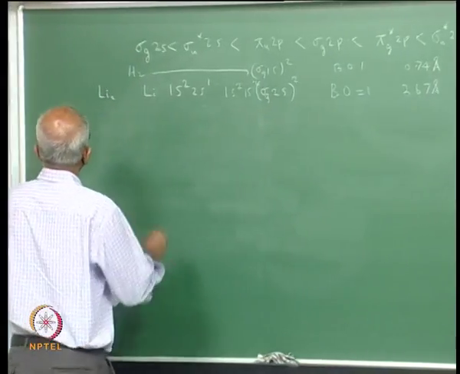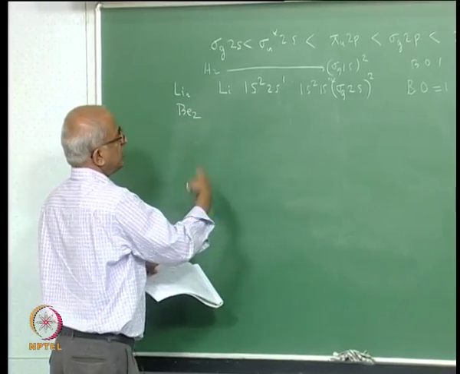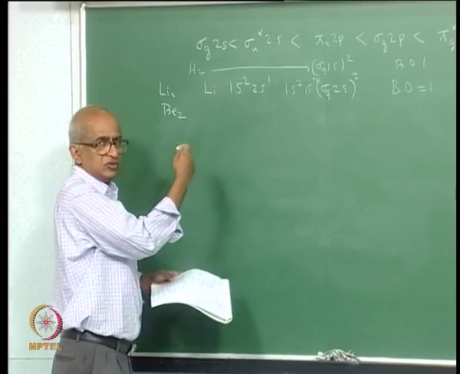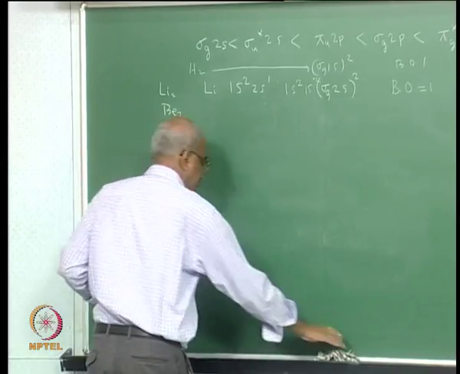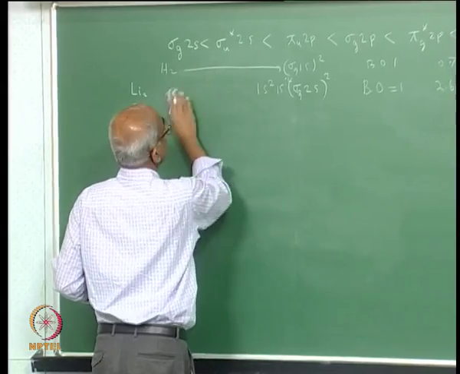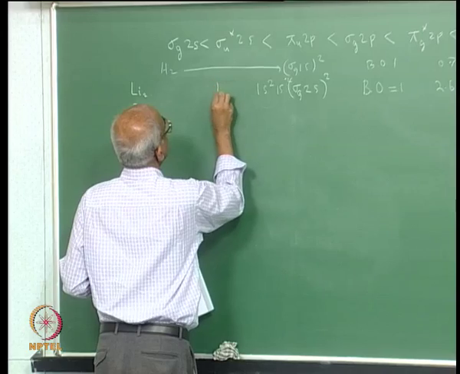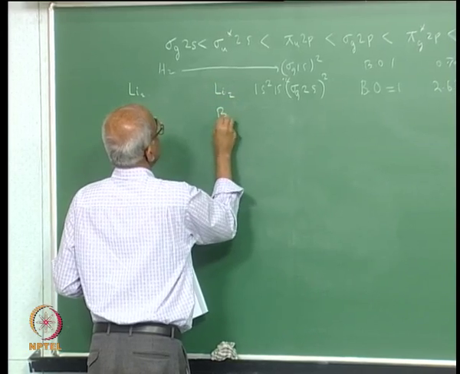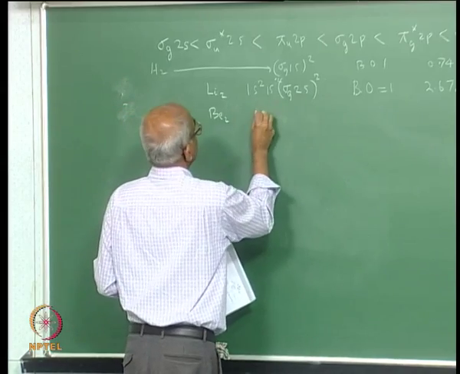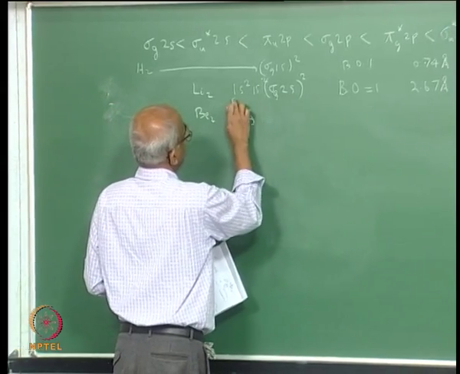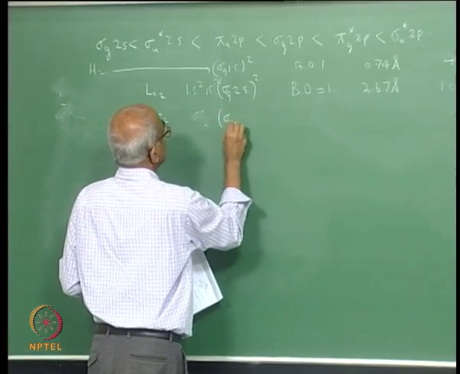Now, thinking of B2, that means that you have just added 2 more electrons. Let me remove this part, I don't need this anymore. Maybe I will write this here, Li2, then B2. You have added 2 more electrons, so you would have sigma g. You will of course have 1s2, which I will not write down.